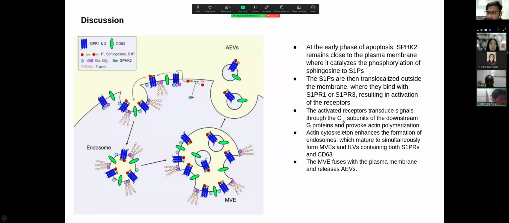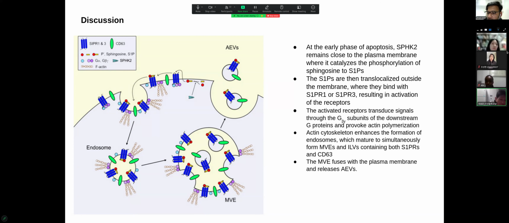Do you understand what I mean? Bystander effect. CD63 is just near SMPR1. So during the endocytosis of SMPR1, they mobilize together to the exosome and endosome.